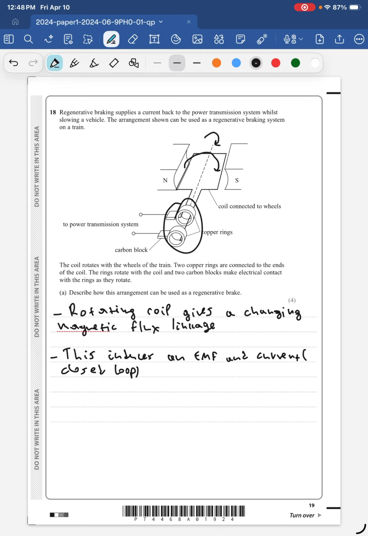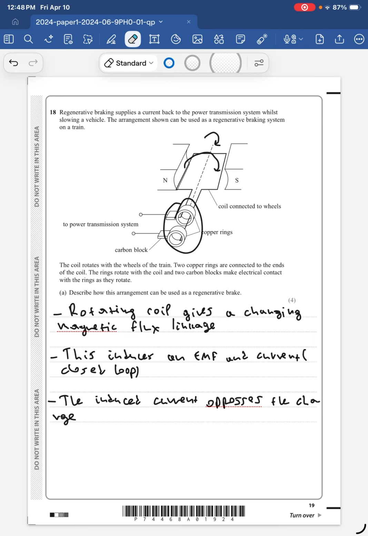The induced current, okay, opposes the... sorry, what did I say? So let's go again.